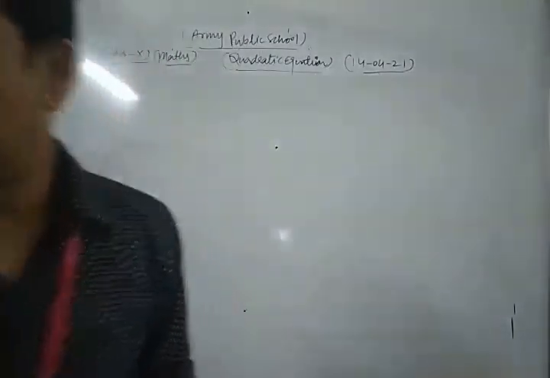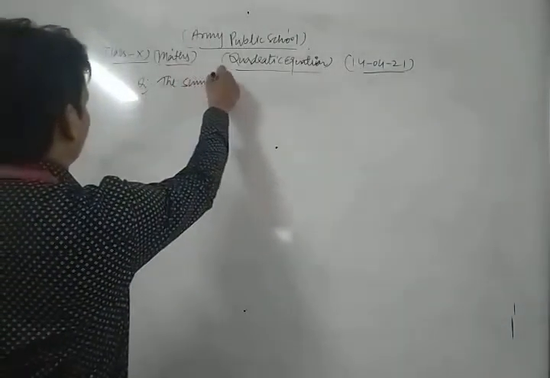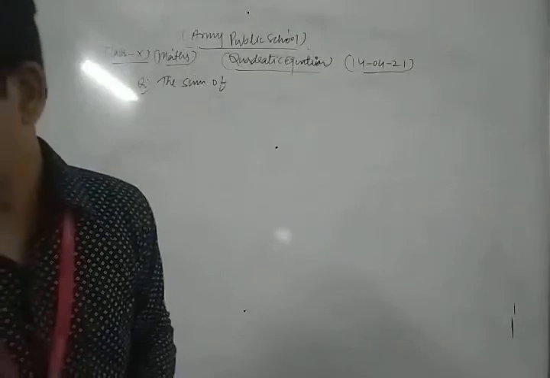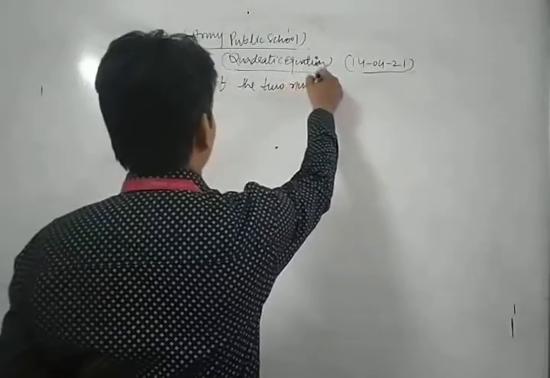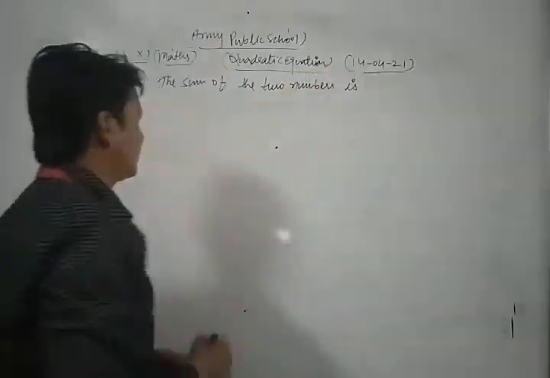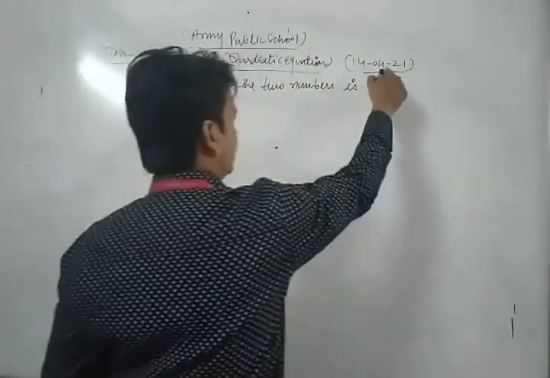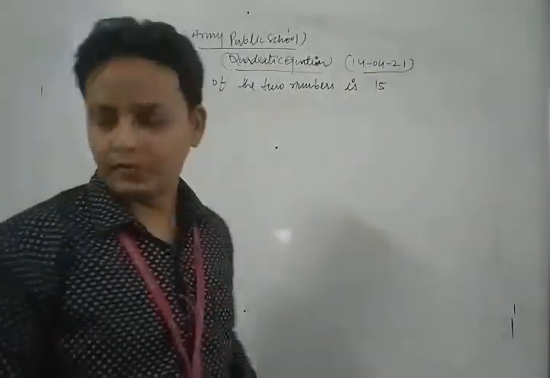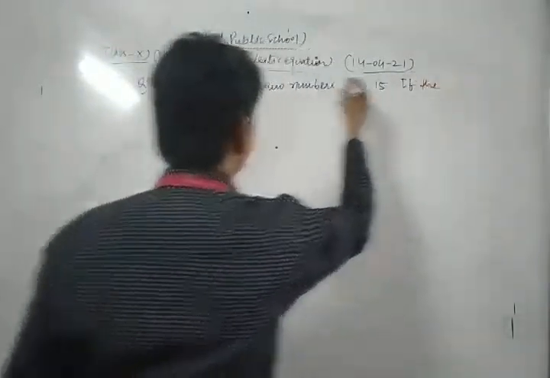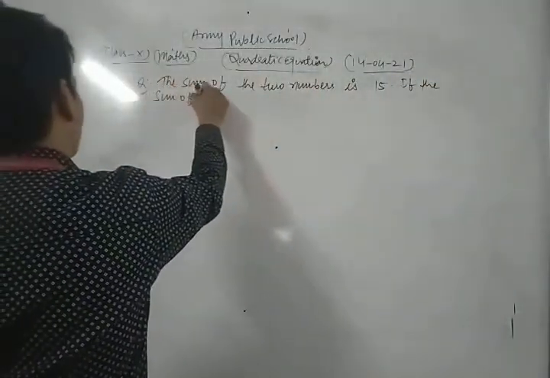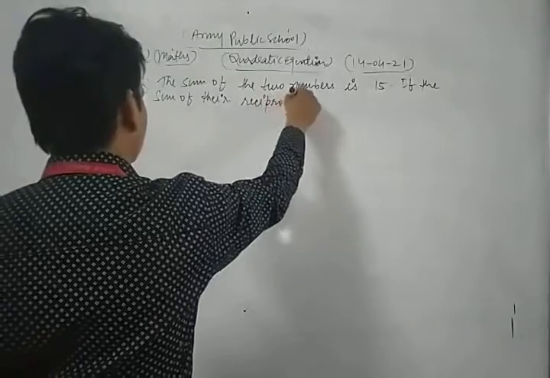Let's see the question. The sum of two numbers is 15.